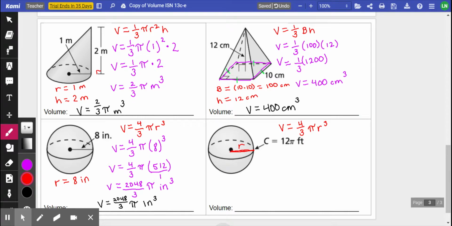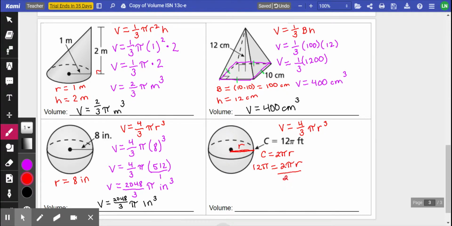So what I have to do is sort of work backwards. Remember that our circumference formula was 2 times pi times radius. So I can substitute in, because I know the circumference is 12 pi. I'm going to substitute that in for C. And then I'm going to leave what I have on the right-hand side, because I'm trying to solve for that r variable. So this is all multiplication here on the right.